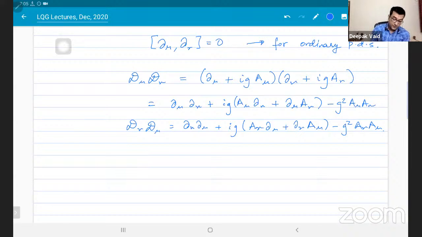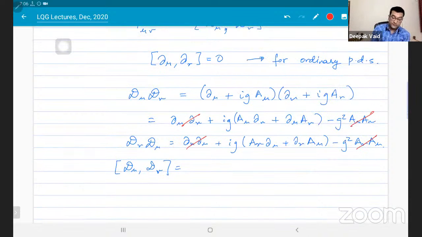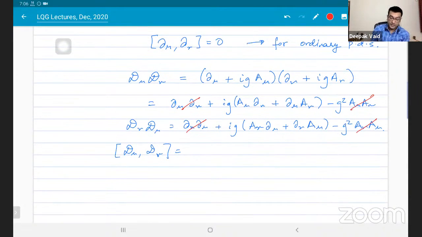Now when I subtract these two, what do I get? I get this commutator. The ordinary partial derivative terms will cancel out, and then these g squared terms will also cancel out, for the time being working with an abelian gauge field.